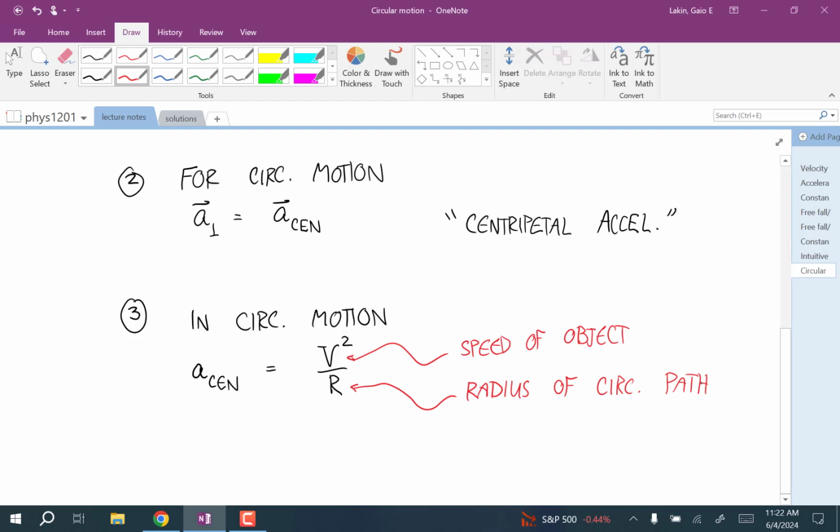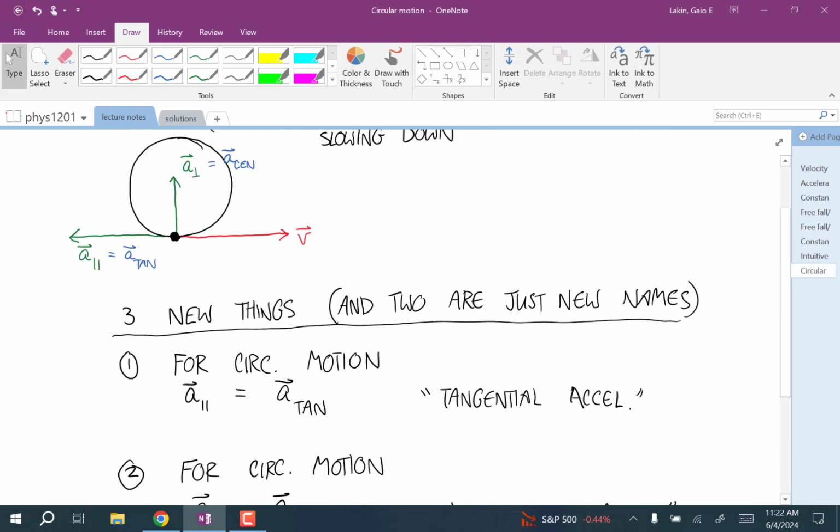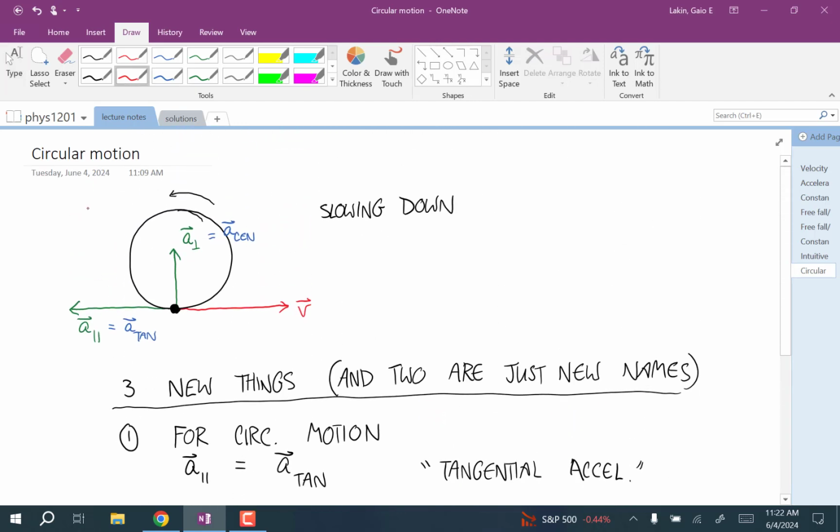Okay, and this is kind of amazing. What it says is that no matter what's happening, if it's speeding up or slowing down, in order to maintain this exact shape of a circle, that perpendicular part of the acceleration, the part that makes it turn, has to have a very specific ratio of speed and radius.